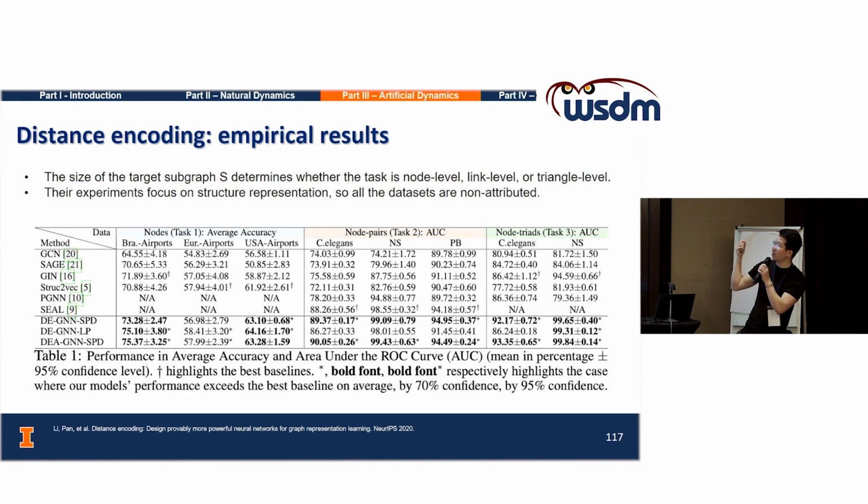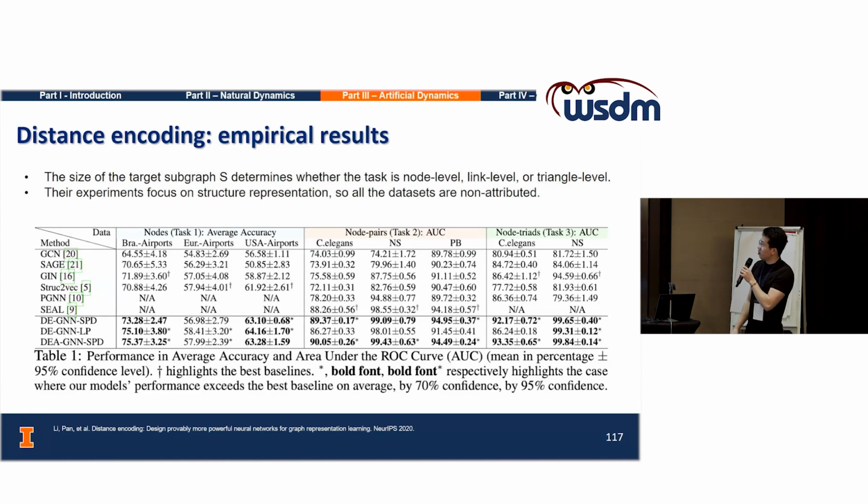As I mentioned, if the subgraph S only contains 1 node, this is actually a node level task, right? If the subgraph S contains 2 nodes, then there will be a node pair level task, such as the link prediction task. And if the subgraph S contains 3 nodes, which is equivalent to task 3 in this paper, they will try to determine whether those 3 nodes will form a triangle or not.